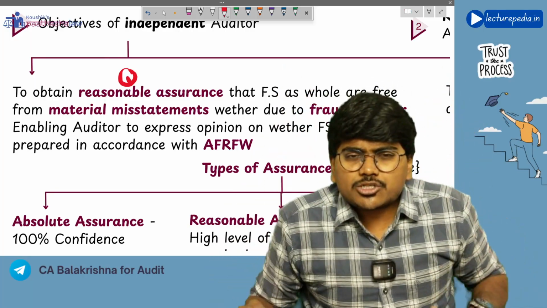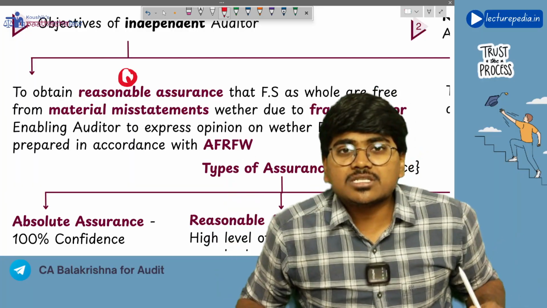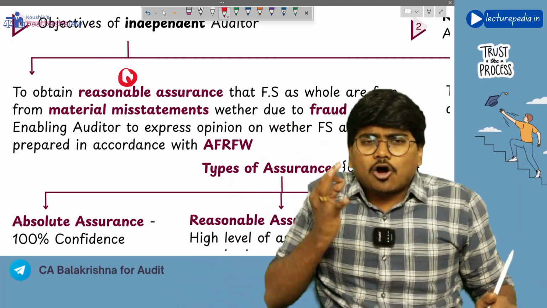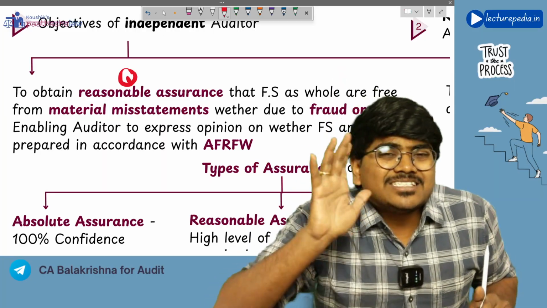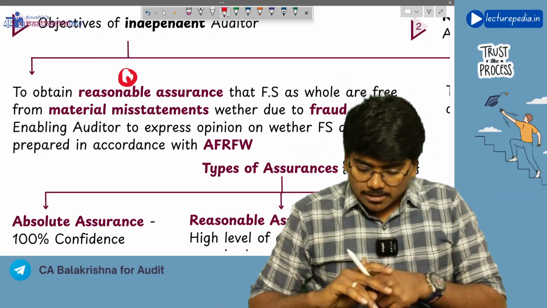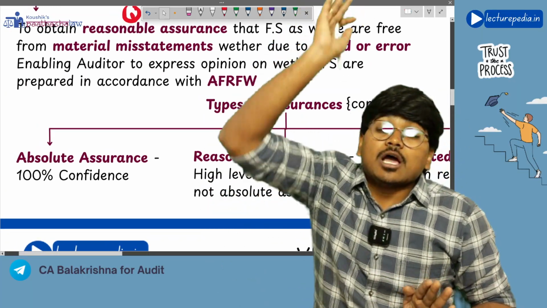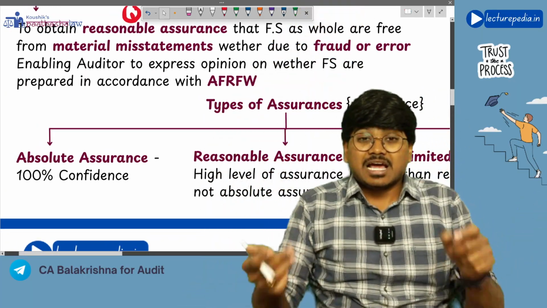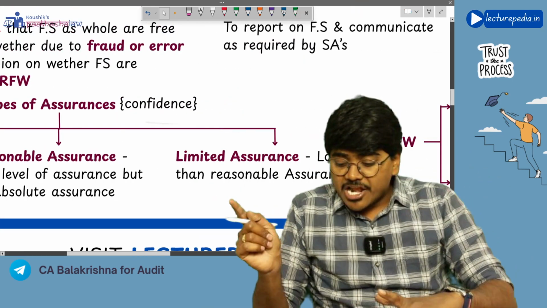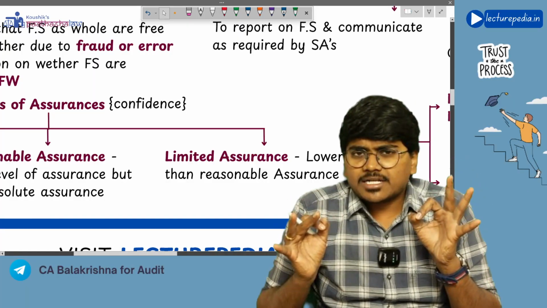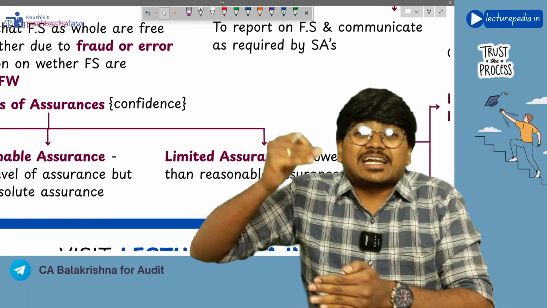Next one is reasonable assurance. This reasonable assurance is a high level of assurance, but not absolute assurance. In an audit, the auditor will always give reasonable assurance only. Next, we have limited assurance. This limited assurance will be given by the auditor in case of a limited review.